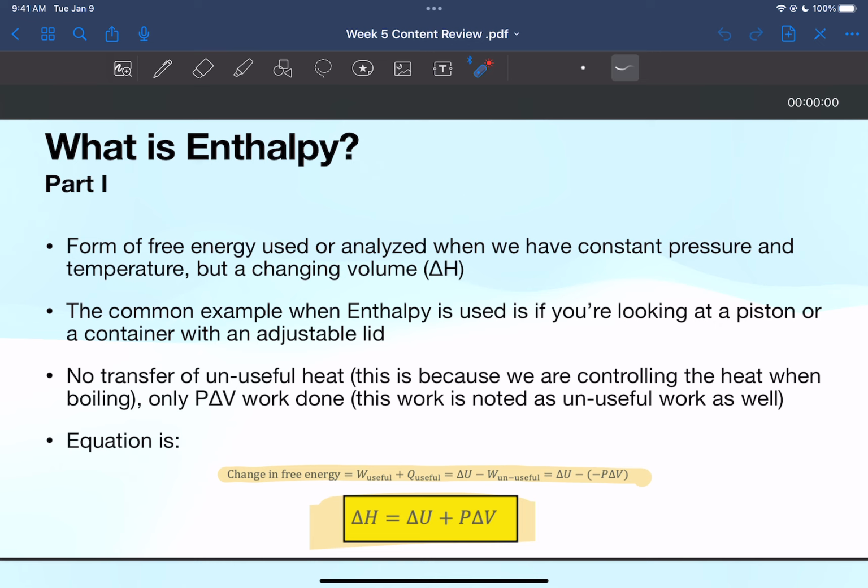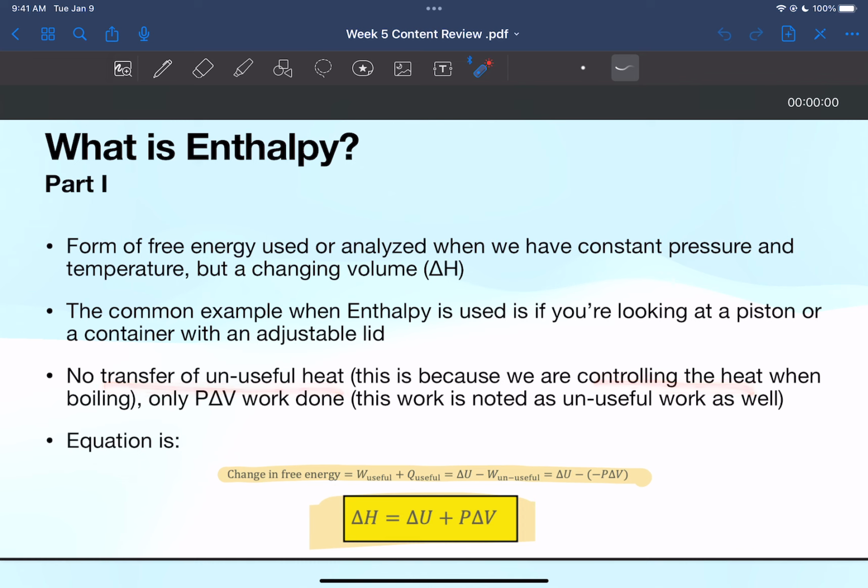So usually in these types of examples, we'll have maybe a piston filled with water, or a container with an adjustable lid that we're filling with water, and then we're actually boiling that water. So when we're boiling that water, we're able to control the heat, right? That's the idea here. And because we're controlling heat, there's no transfer of unuseful heat.